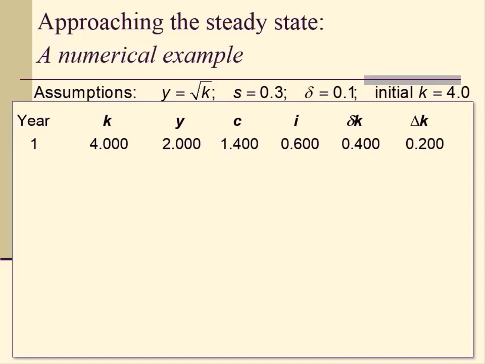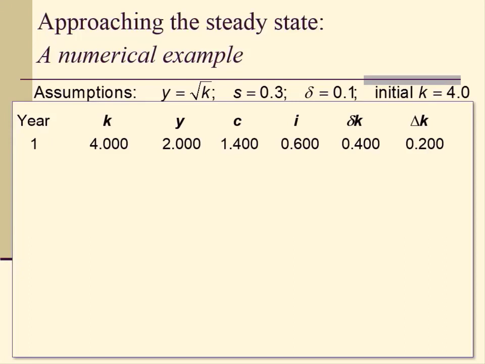Investment per worker would be s times y, which is 0.3 times 2, which is 0.6. And delta k, that is depreciation per worker, equals 0.1 times 4.0, which gives you 0.4.